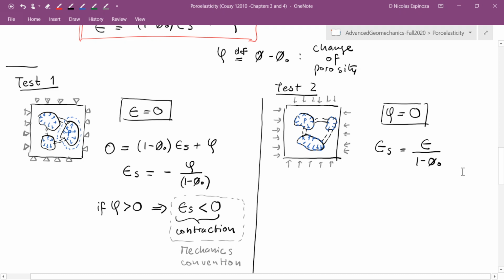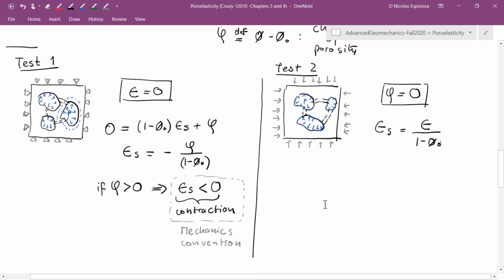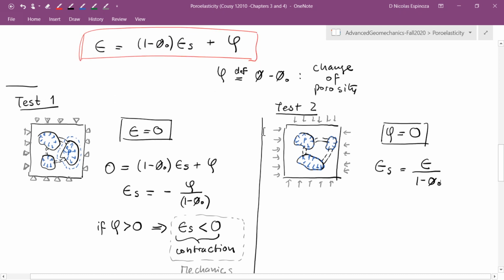All right, so these two experiments are meant to highlight the role of the solid deformation and porosity deformation on the bulk volume deformation, because the two of them are going to participate in defining that bulk volume strain.